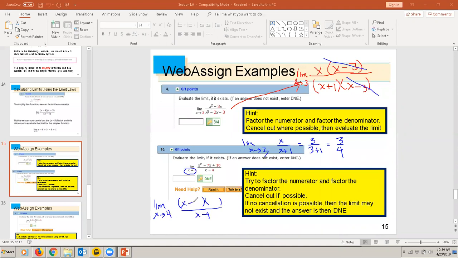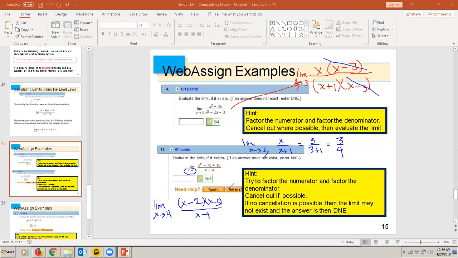I could factor the top as x minus 2 times x minus 5. But if I do that, that really doesn't help me because I'm not able to cancel out that x minus 4 on the bottom. So there's no way for me to simplify this and cancel out the x minus 4.